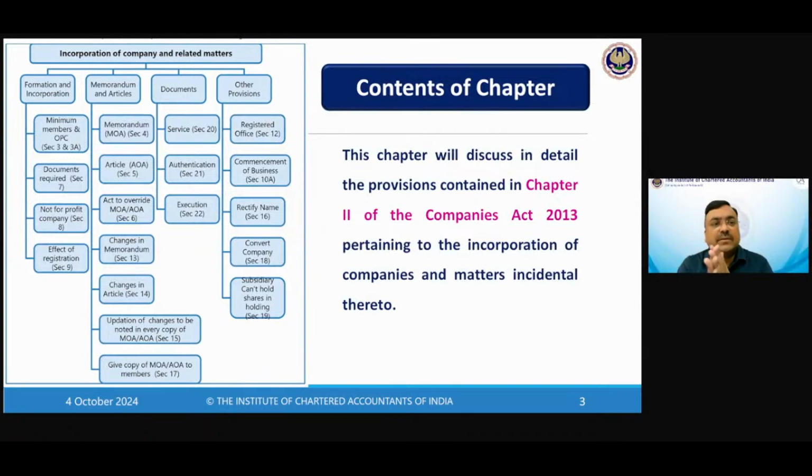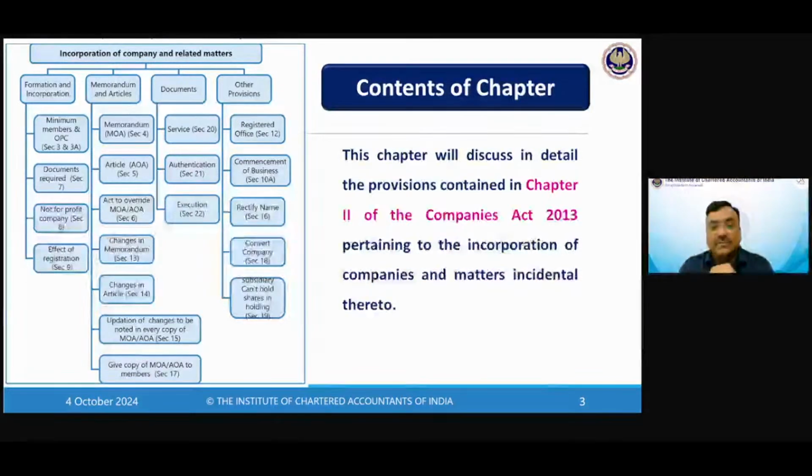This chapter will cover the formation and incorporation of OPC, documents required for incorporation of company, incorporation of charitable company, effects of registration, and this part will be covered today. And the rest, MOA, AOA, alteration in MOA, AOA, in the next lecture, that is on Sunday.